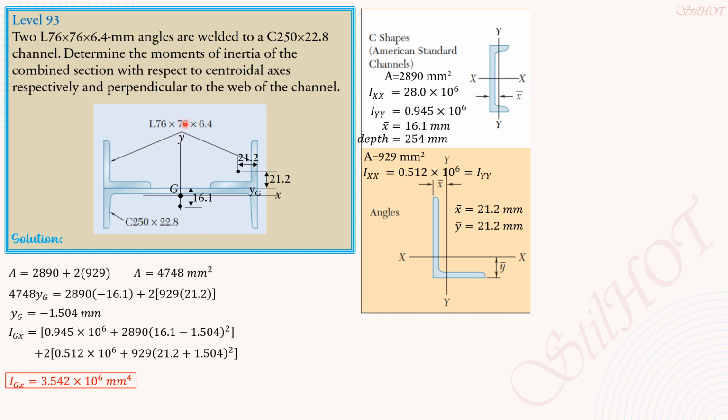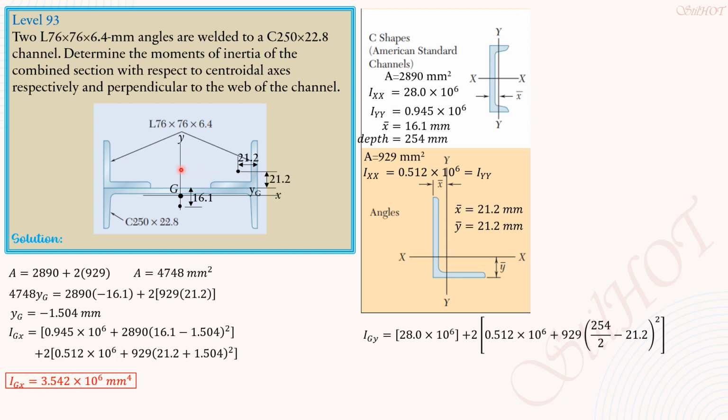Likewise, for IY, or IGY, it is IX of the channel, 28 times 10 to the 6. Remember, this axis here, which is perpendicular to the edge, is IXX. So that is 28 times 10 to the 6 for IGY, then plus 2 times quantity IY of the angle, which is the same, 0.512 times 10 to the 6, plus area 929 times distance squared. The distance is the depth of the channel divided by 2, 254 divided by 2, minus 21.2.